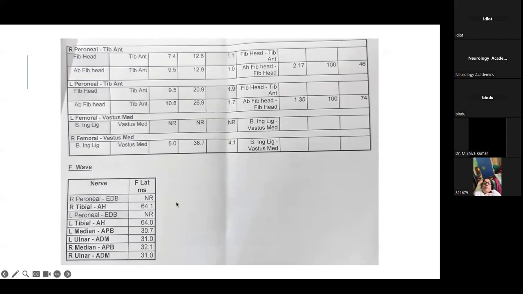Proximal involvement is asymmetric. Then F waves in the upper limb: right median nerve is prolonged. Left ulnar is normal. In the lower limb, bilateral peroneal F waves are non-recordable. The tibial is prolonged.